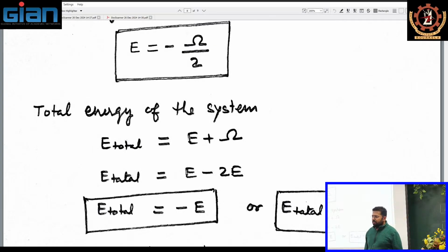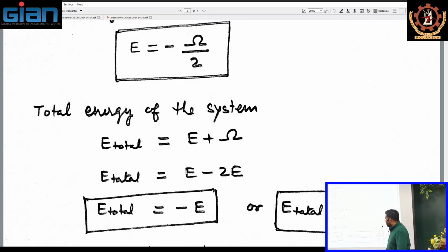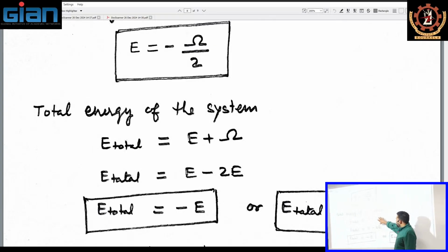That's why, if you add them together, the total energy will be negative. Do you know what is the necessary condition for an object to be bound? Any idea? Master students particularly, what is a necessary condition for a system to be bound?